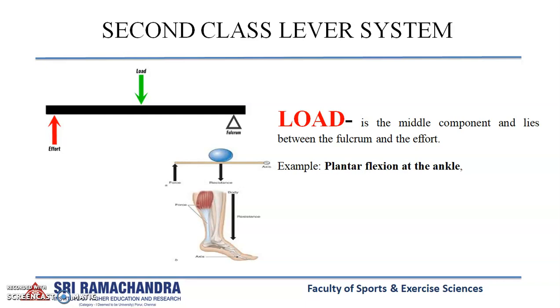In these situations, especially during second class lever system, the muscle will be in a lengthening phase, that's called the eccentric phase, against the force. So here I have given an example for the second class lever system: plantar flexion of the ankle.